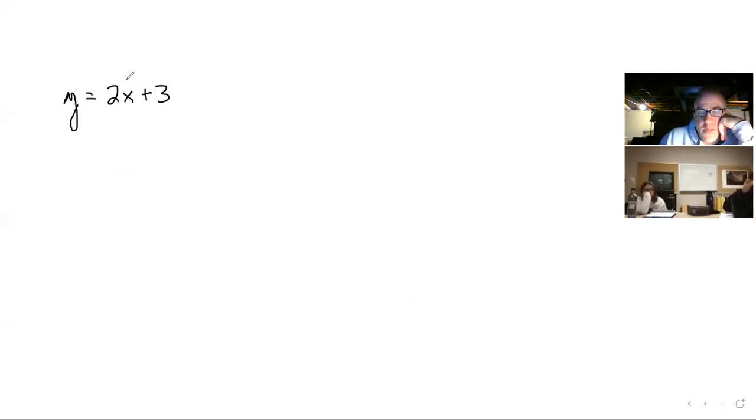So back to this one. No, it's not possible. I put in any real number, just one number for x, multiply by 2 and add 3. I'm not going to get 2 answers. I'm going to get 1 answer. So this is a function. Its relation is taking a number, multiplying by 2 and adding 3.